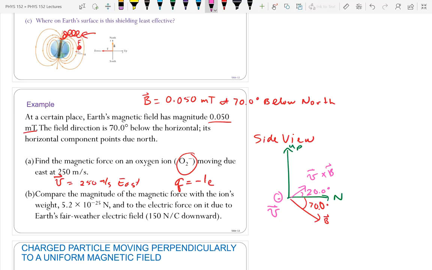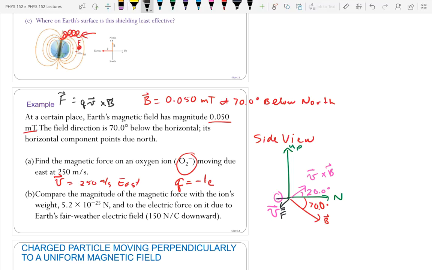Now that's the direction of V cross B, but it did not ask what's the direction of V cross B. It asked what is the force. So how does the force relate to V cross B? What's the equation for the force? It's Q V cross B. So our equation is force equals QV cross B. And since Q is a negative value, my force is going to be like that.